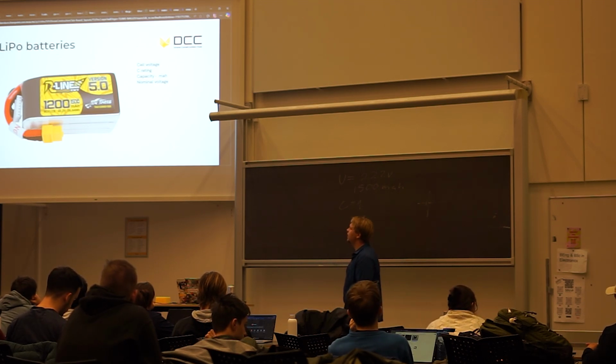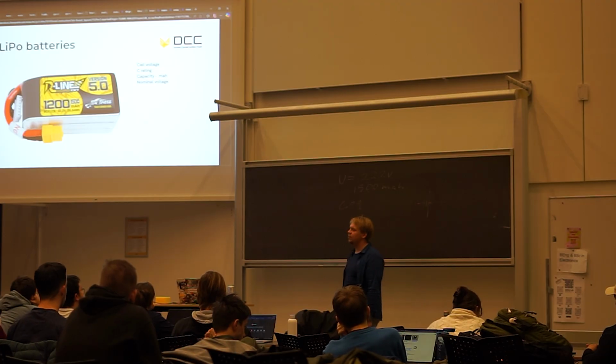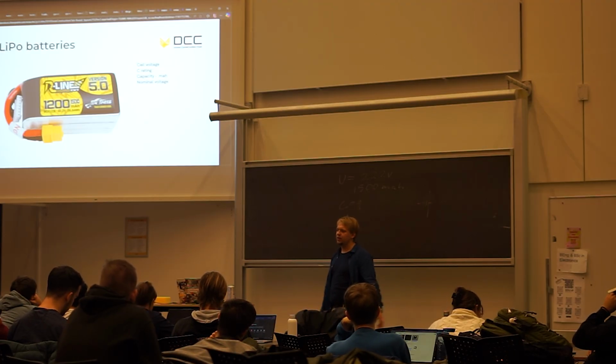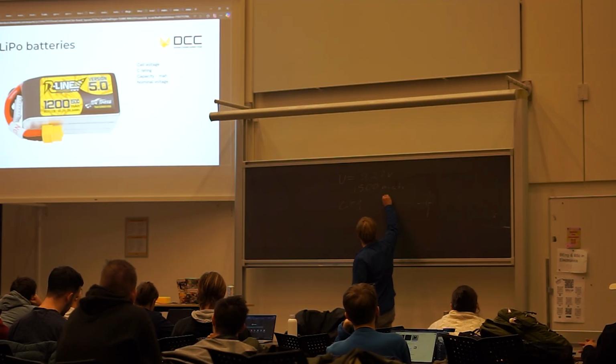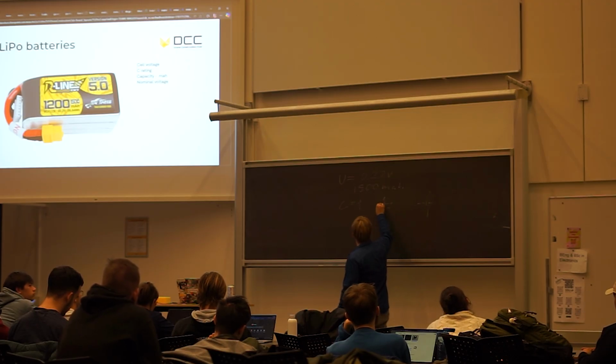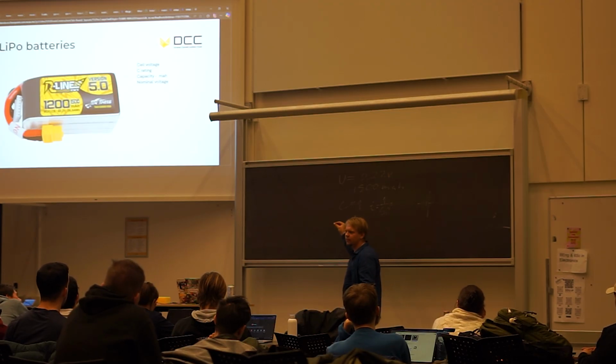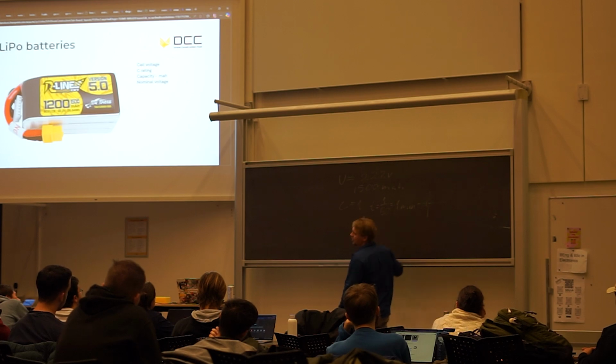You can comfortably discharge them at 60 C and not really damage the battery as much, which is insane. If you divide, 1/60 of an hour is the time, which means discharging the battery in 1 minute.